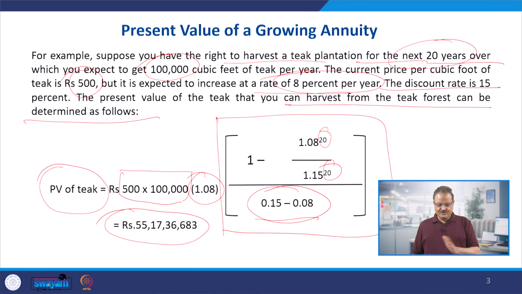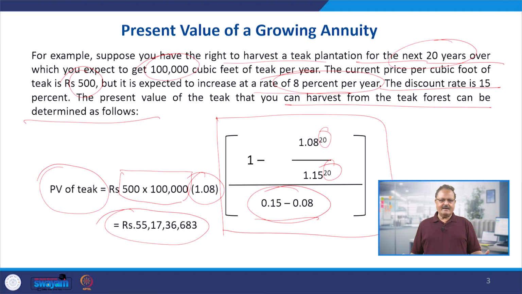And when we gave all these inputs to this model, finally we could get a value, which is basically the present value of a growing annuity, which works out as 55 crores 17 lakh 36,683 Indian rupees.